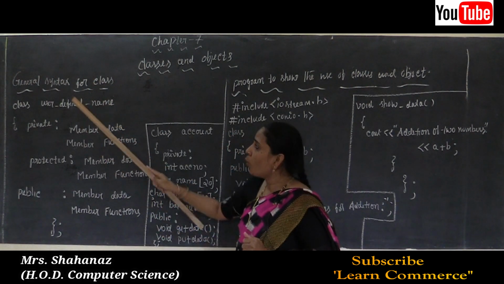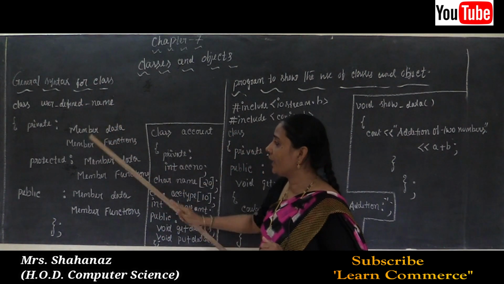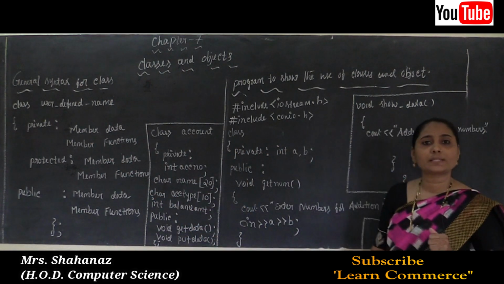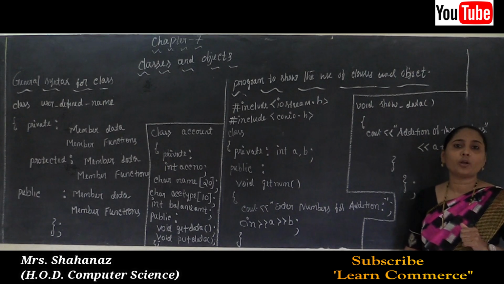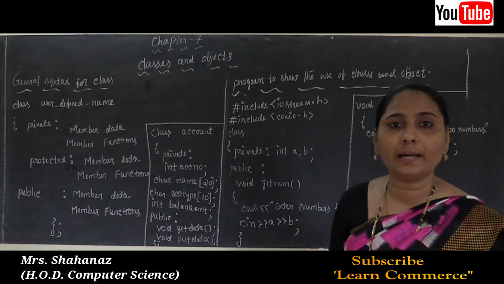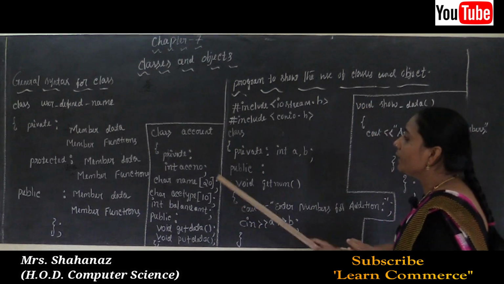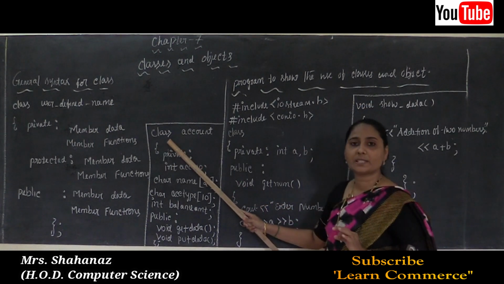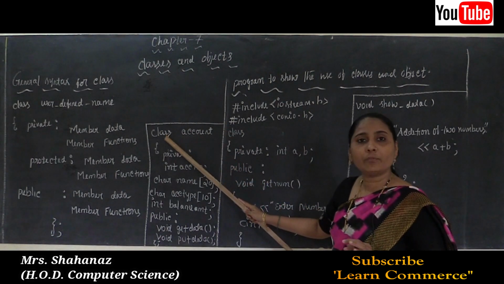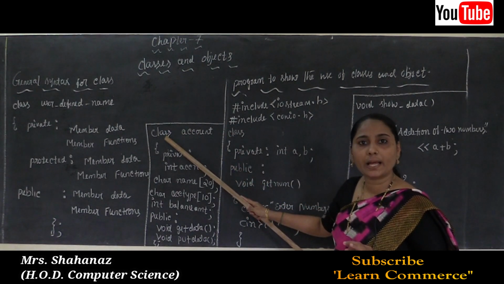Now let's see, using this syntax I completed one simple example using the class. Let us declare the class for the representation of a bank account. I already said the keyword class is used to declare the class.